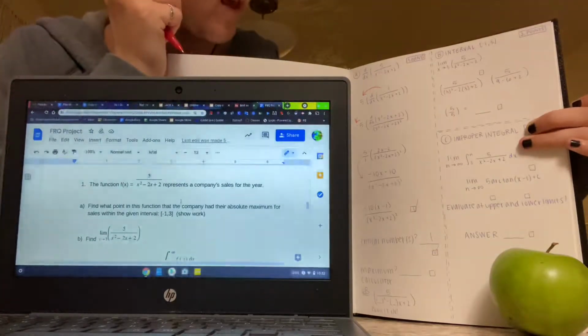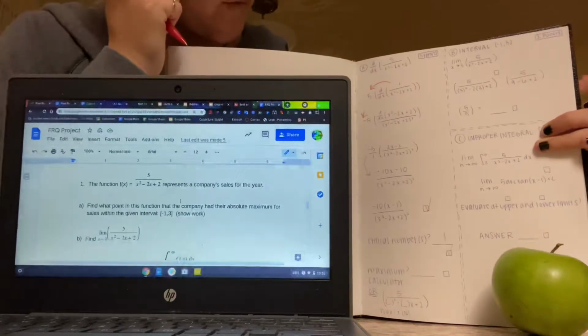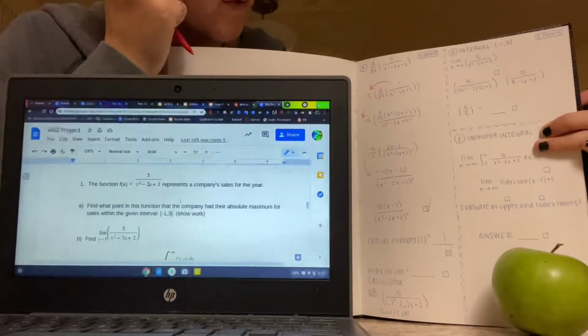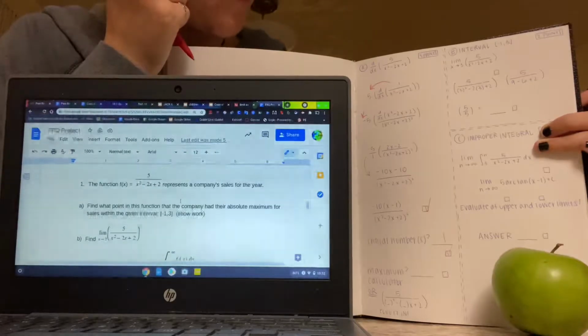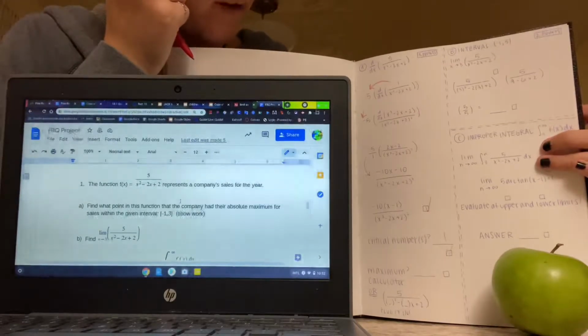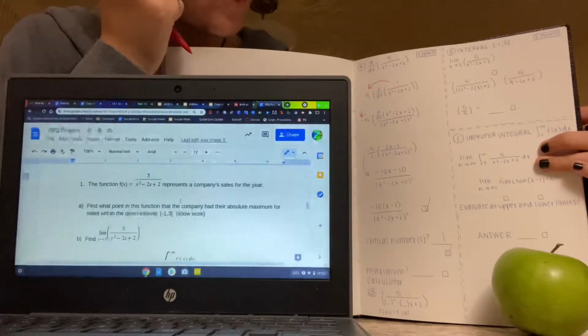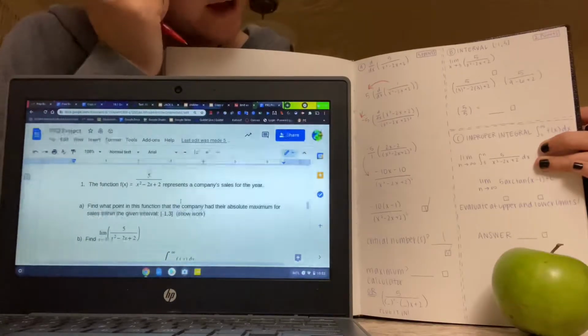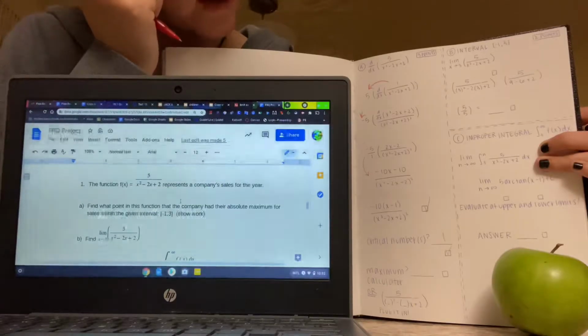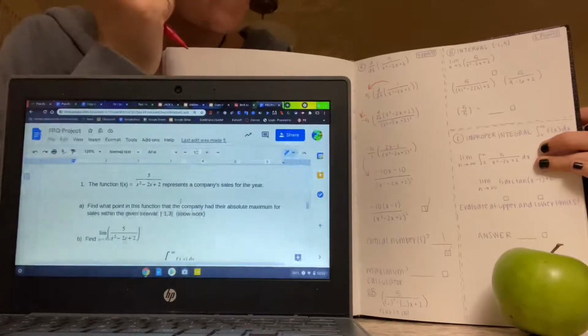The next step would be to simplify the function, which would give you 2x minus 2 over x squared minus 2x plus 2 squared. And then you would multiply this by -5, which would then give you -10x minus 10 over x squared minus 2x plus 2 squared.